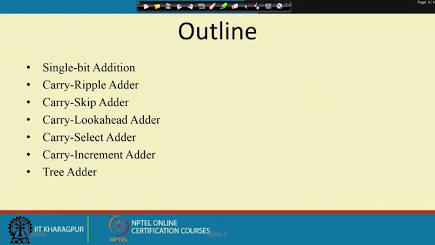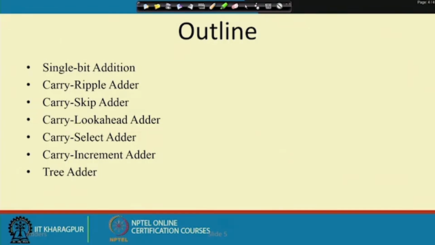First, we have started with half adder and full adder, which are nothing but the single-bit addition operation. Then the carry ripple adder: whenever we are considering n number of bits, that is multi bits, we have to follow the ripple carry adder.